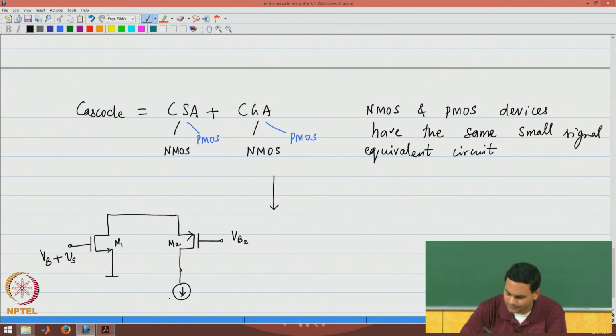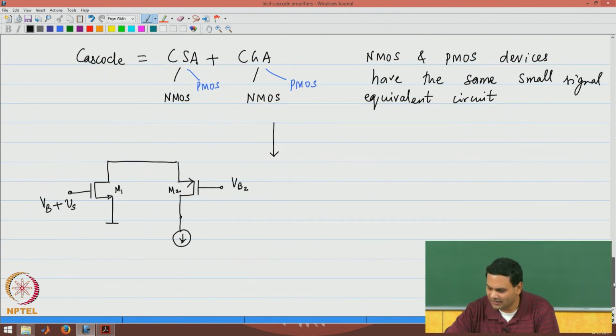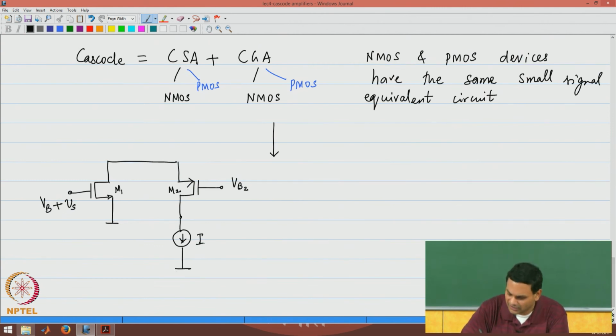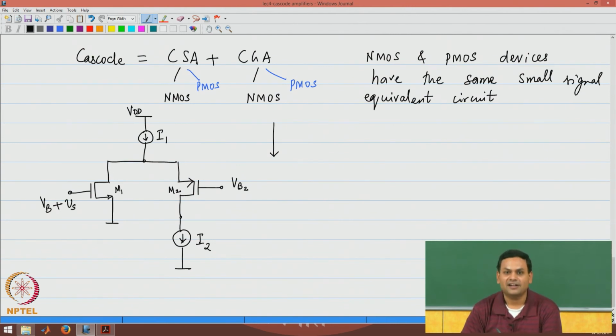Now, to bias the NMOS and PMOS device, remember that at the output we connected a current source. In this case we will have a current source to ground, I will call that I2, but clearly you need a current flowing into the drain of the NMOS transistor, and I will show that as a current source I1. What is the bias current, drain current of M2?